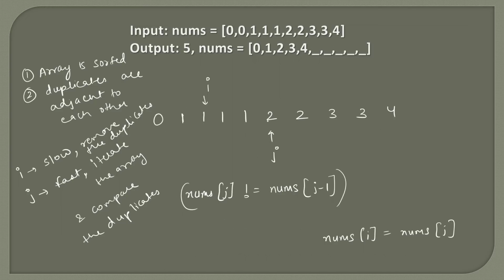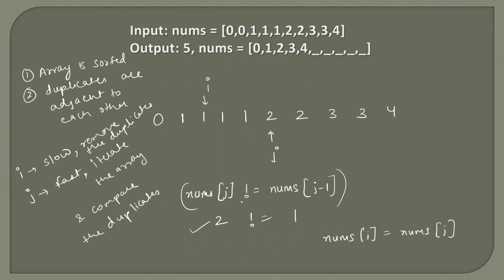Now here value at jth index is 2 and value at j minus 1th index is 1. So 2 is not equal to 1, therefore this condition comes out to be true. We know that we have found a unique element which we need to keep in the array, and we are using this ith pointer to put this value in the array.